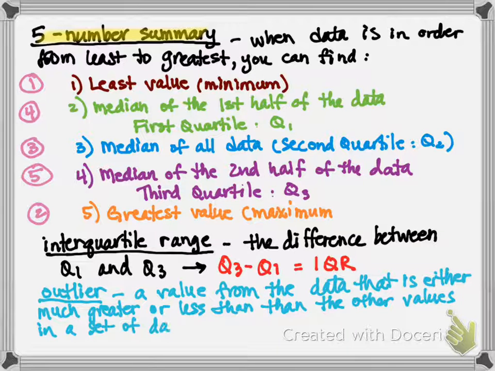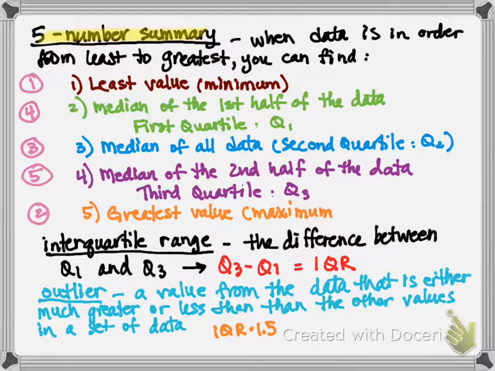Now, that looks like this would be a judgment call, but guess what? We actually do have a formula for this. And this is what the formula does. If we take the interquartile range and multiply it by 1.5, that's going to help us discover the outlier.